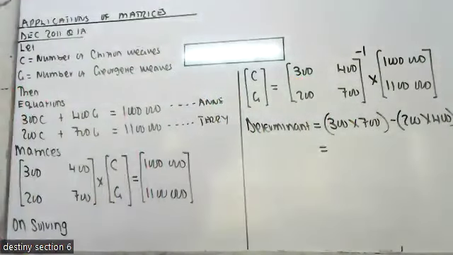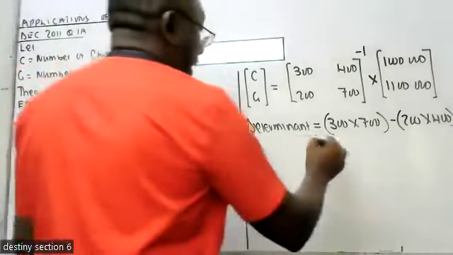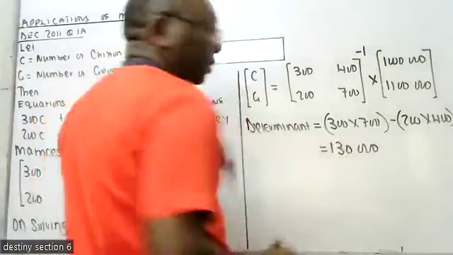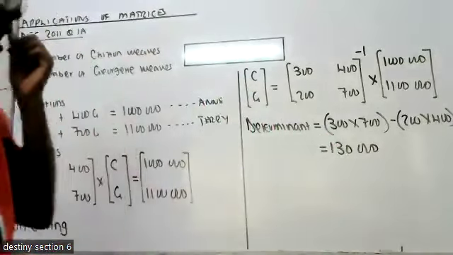So if you check from your calculator, 300 times 700 minus 200 times 400, the answer is 130,000.